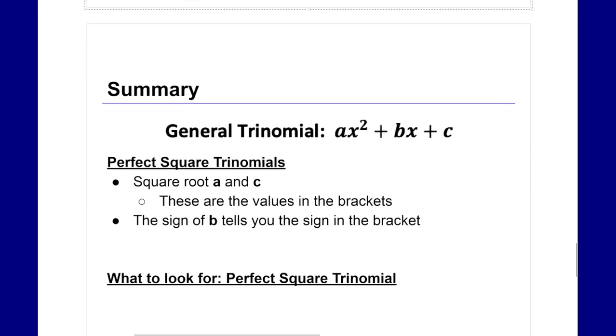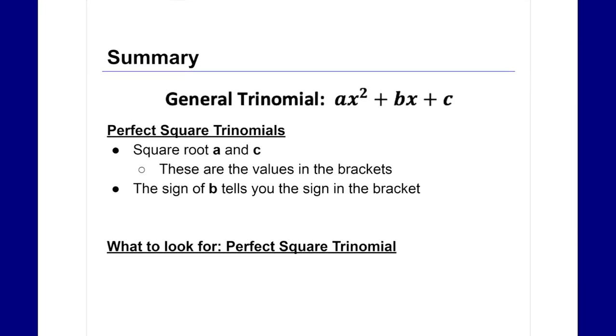Just as a summary, I know the last one wasn't the greatest example, but we did have other examples that we've looked at, and this should be a bit of a review anyway. So we have a general trinomial, ax squared plus bx plus c. And there are two unique situations that we can come across. One is when we're dealing with a perfect square trinomial.